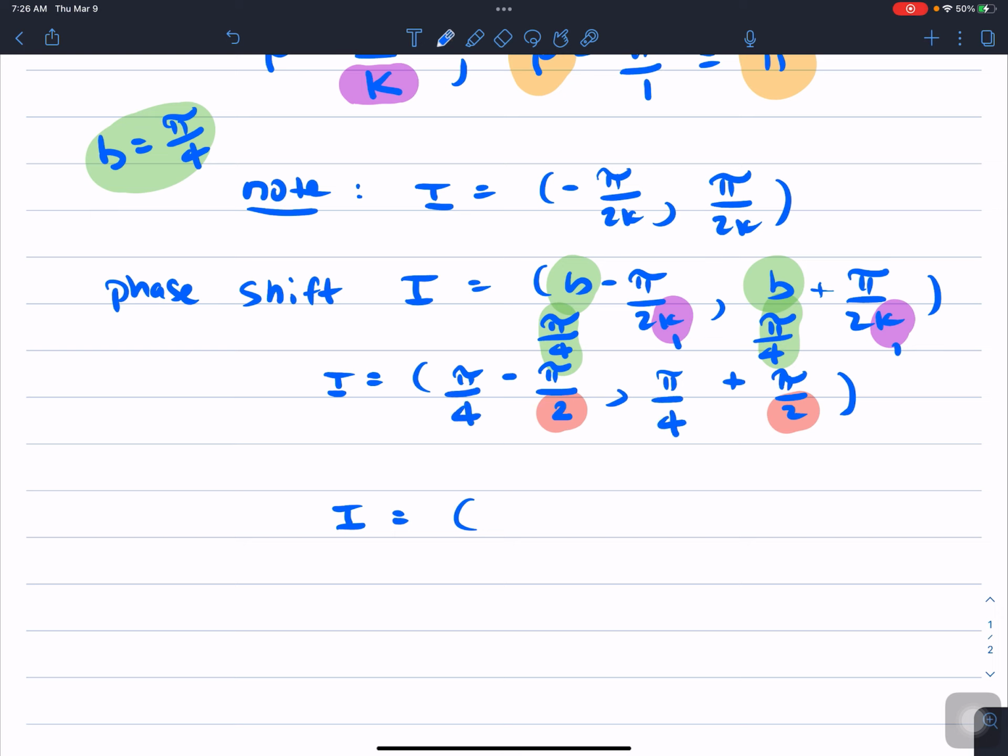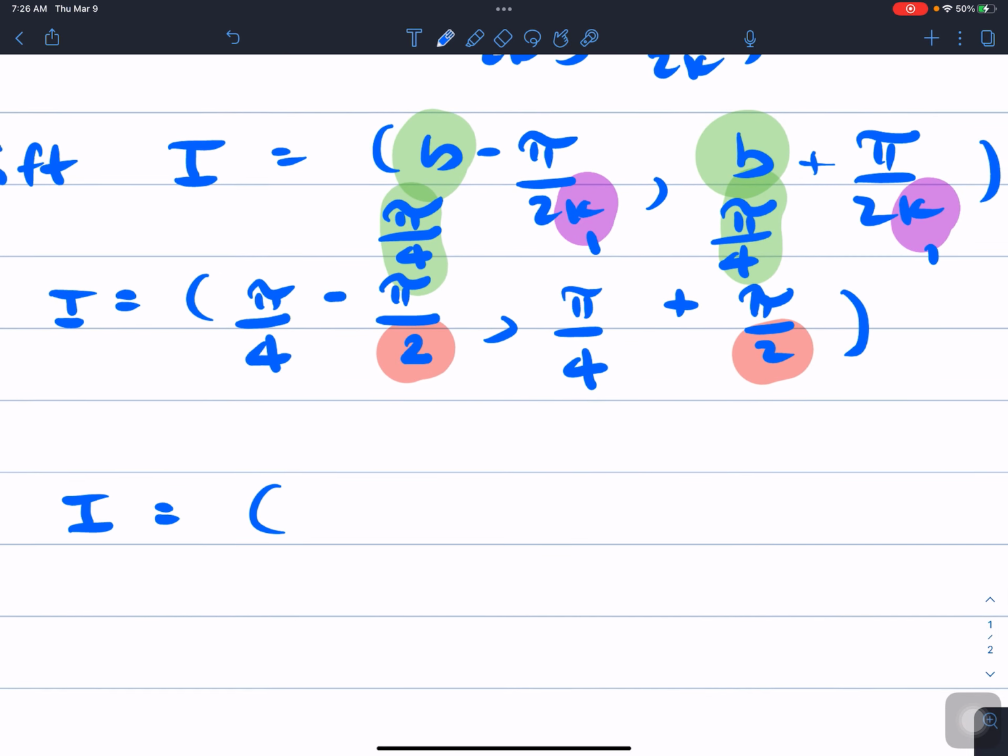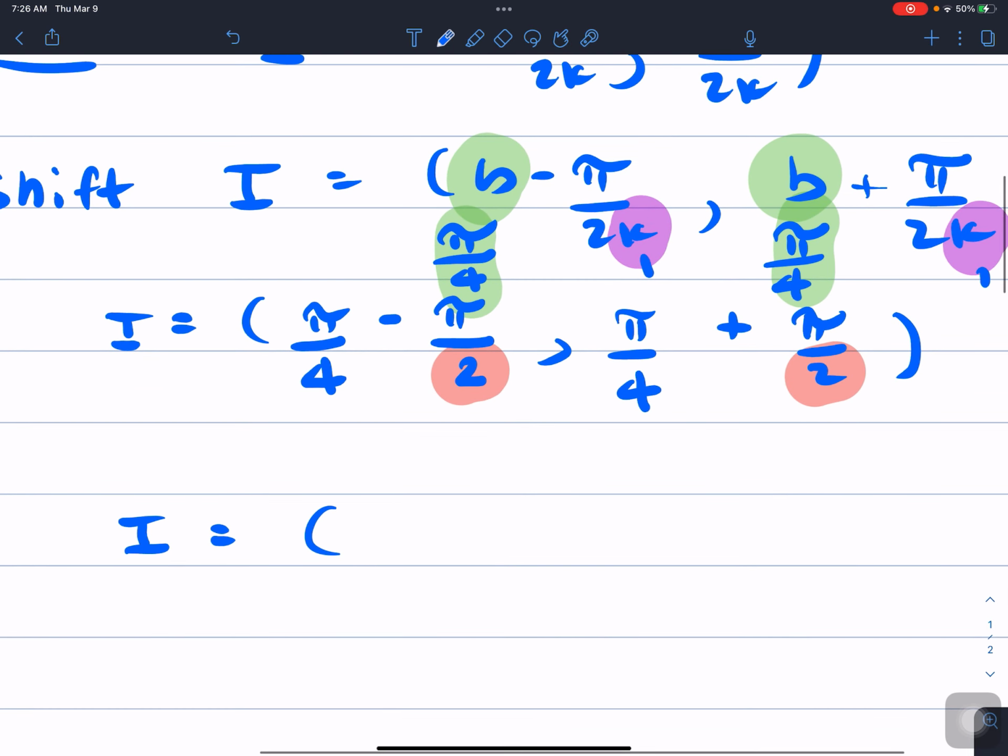We're still going to have to do the arithmetic, though, right? So let's remember this. What do we do now in terms of the arithmetic? Which one do we multiply by 2? Yeah, here.